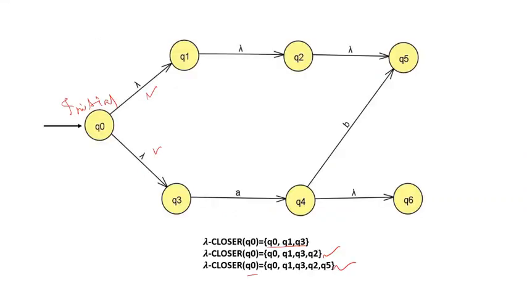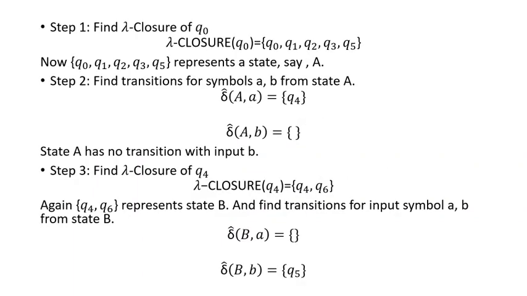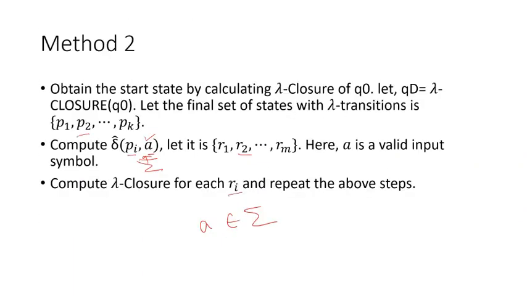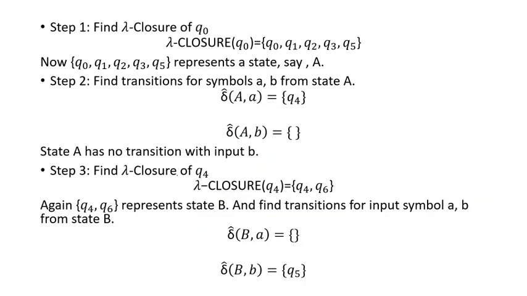So for this example, how can I find the equivalent NFA without lambda transitions? We start with Q0. So here we already obtained this state. This collection will become the initial state of the equivalent NFA. So we obtain the lambda closure here.